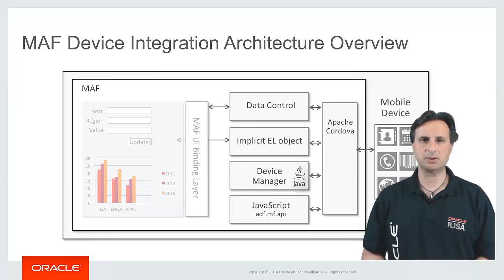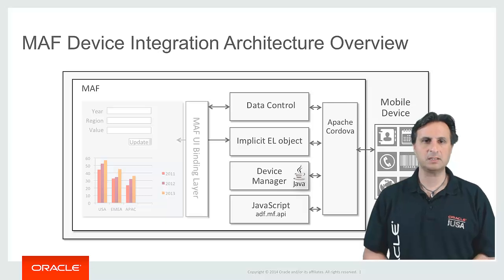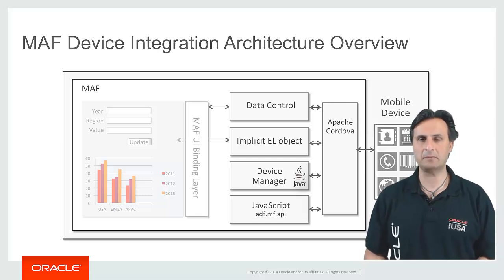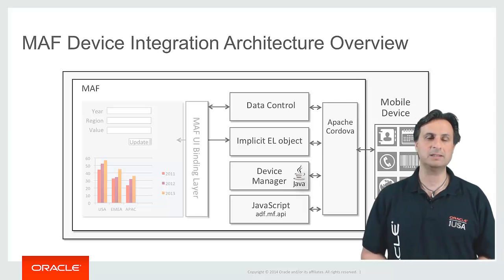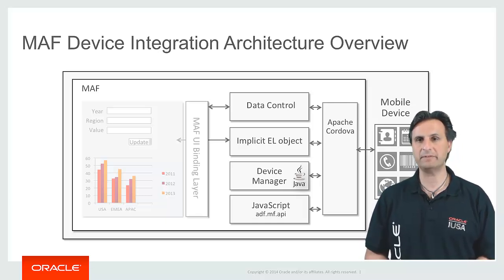This architecture picture is something that I showed in a previous recording as well. It's the access path that you have for your application to integrate with device capabilities like camera, GPS, or properties like the operating system, the version, the maker, the display size, and so on. The access all goes through the Cordova plugin architecture that we use in MAF as a foundation to access the local device.